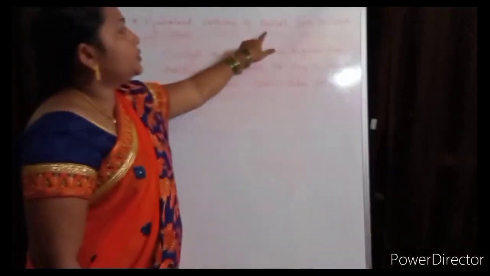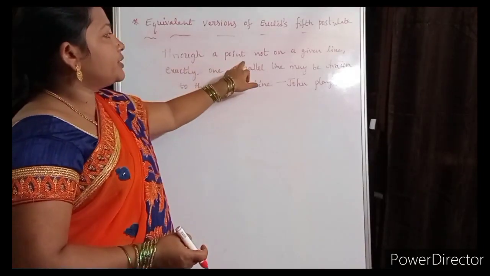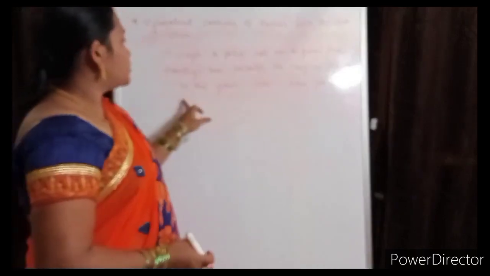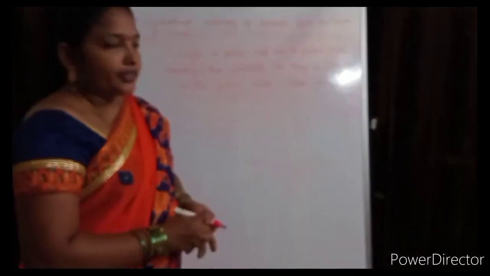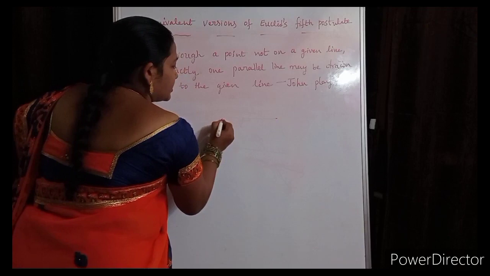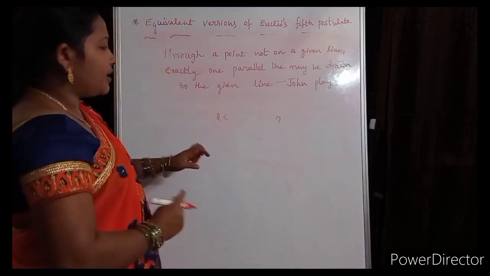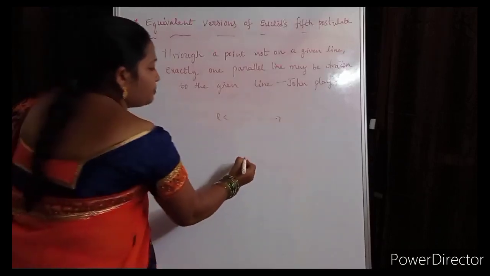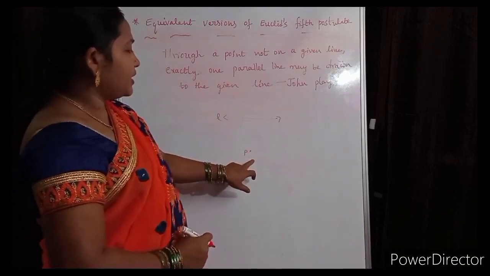Equivalent versions of Euclid's fifth postulate. Through a point not on a given line, exactly one parallel line may be drawn to the given line. This is called Playfair's axiom. Let l be a line and P a point not on l.